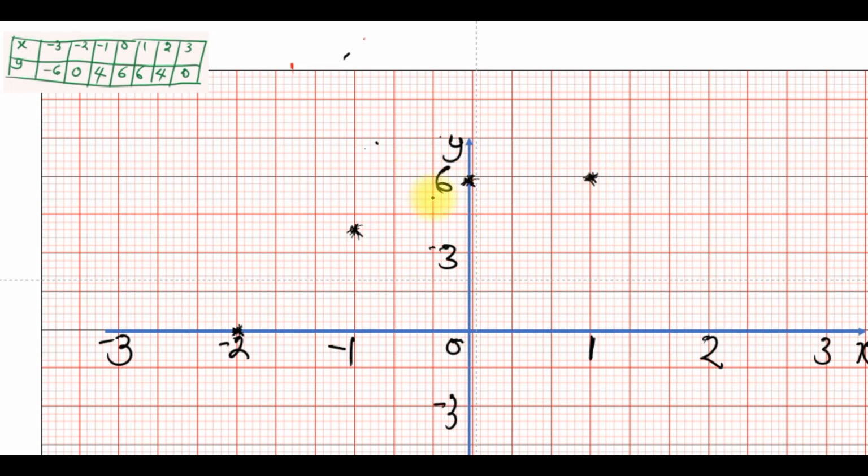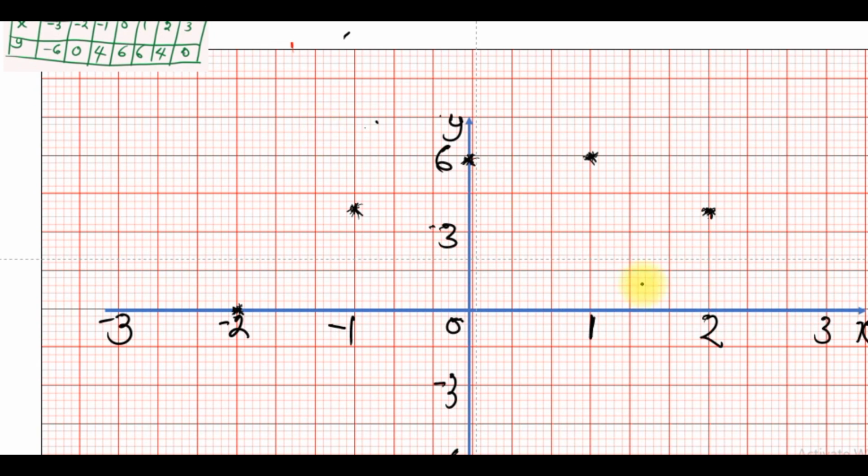So again, when x is 2, y is 4. So the same thing here. Remember that we have to count 13.3. So this is 1, 2. So this is the point. So again, when x is 3, y is 0. So this should be the point.